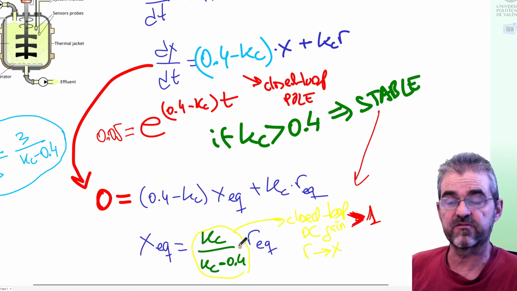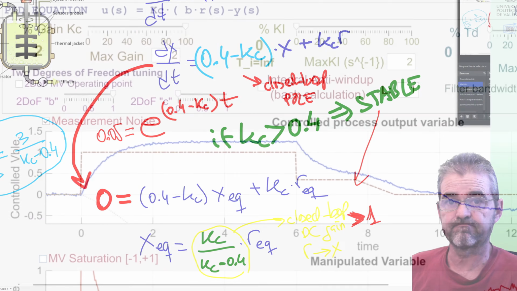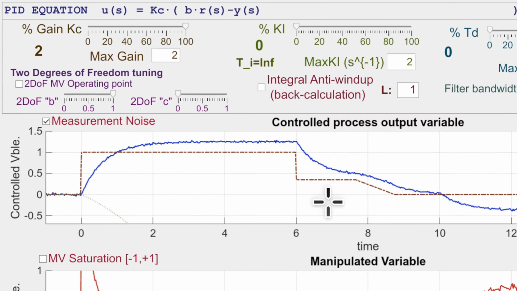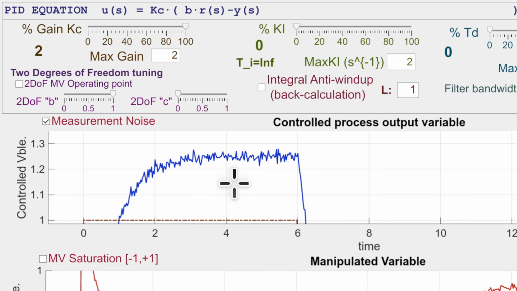We are applying this formula, and then if we go to the application and we zoom in, we see that indeed the simulation stabilizes around 1.25. Well, there is some measurement noise there.